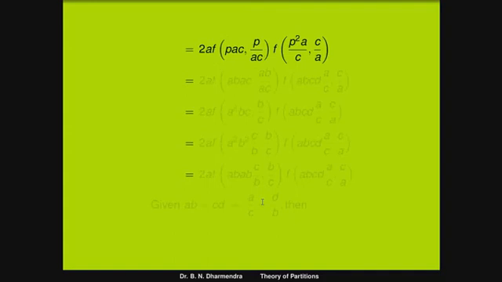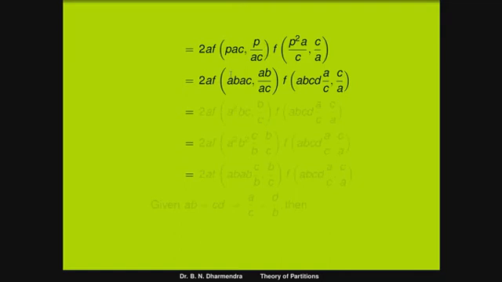When I substitute this result, it can be written as 2 times a into f of (pac, comma p by ac) into f of (p square a by c, comma c by a), that is equal to 2 times a into f of ab. When I replace the value of p in terms of ab, here also in terms of ab, into f of, here in p square, the first p is ab and the second p is cd, a by c, c by a.